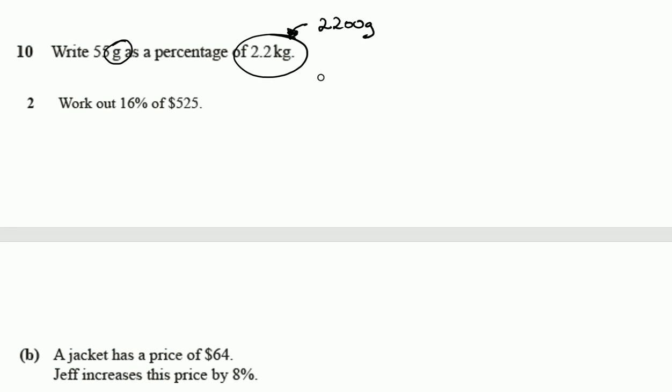So I want to write 55 grams as a percentage of 2,200 grams. As a fraction, it's 55 over 2,200. If I give that fraction to my calculator, I get 1 out of 40. That would be 55 grams as a fraction of 2,200 grams in its simplest form.